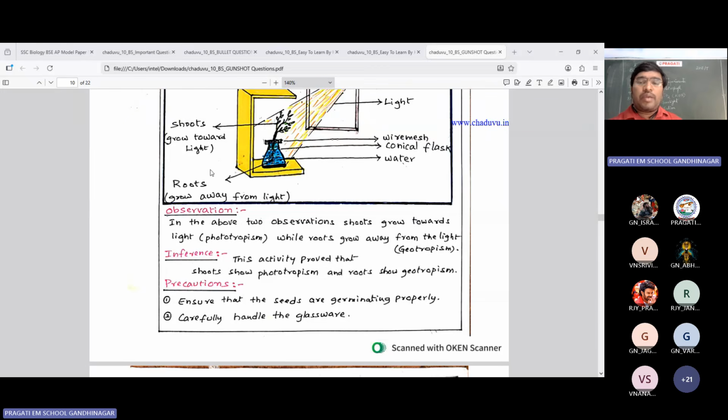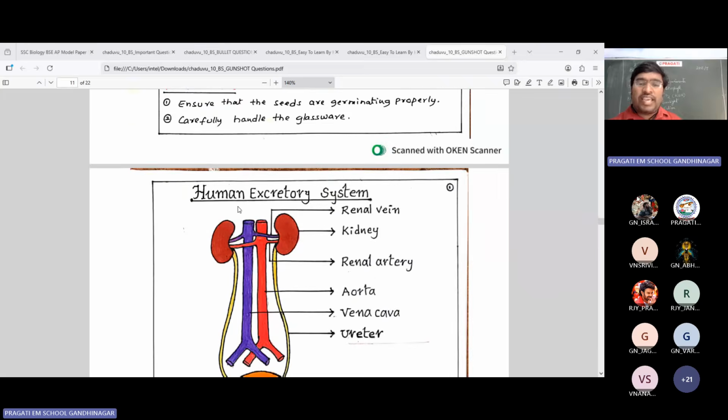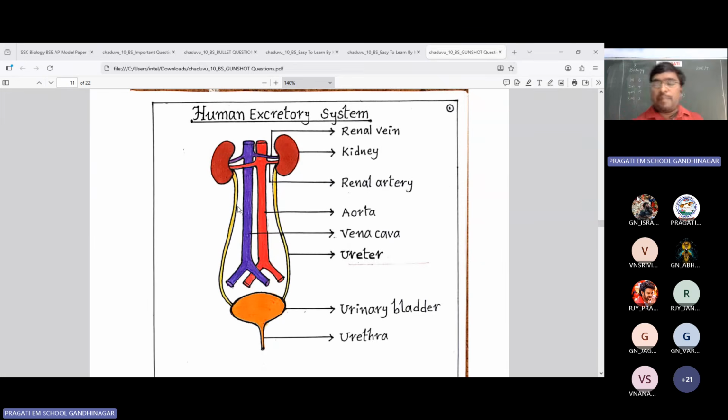Now I am representing important diagrams. Look at the diagrams, children. The first expected diagram is the human excretory system.